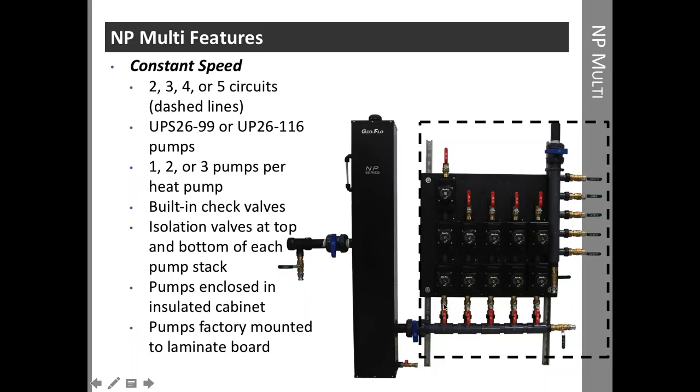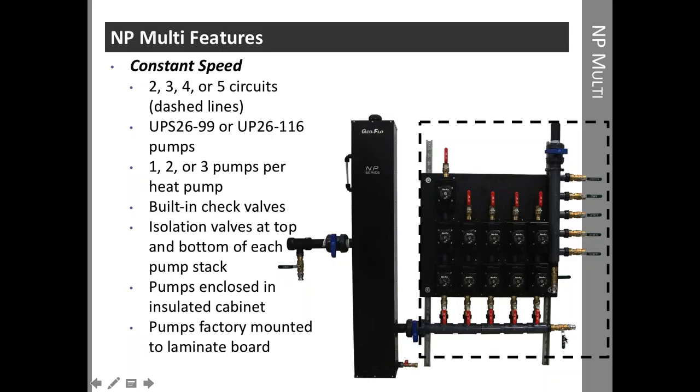It is built with a ball valve before the first pump, and at the last pump there's a ball valve as well as a check valve. So those are factory installed, and just like the previous version, you simply connect the heat pumps to each of these circuits. These would be the supply circuits coming off of the pumps, and the return circuits on the right hand side.